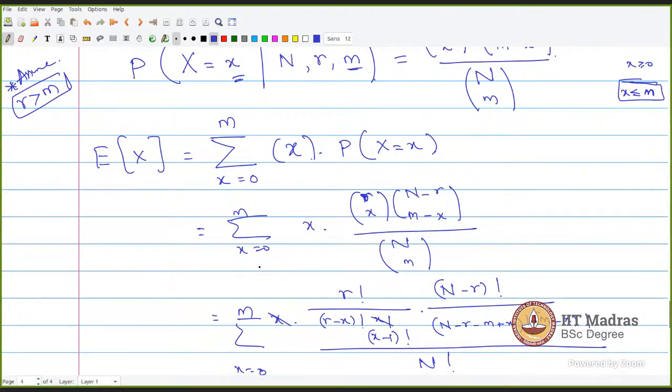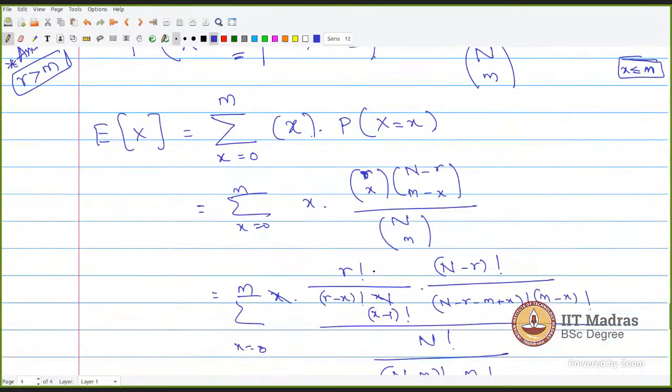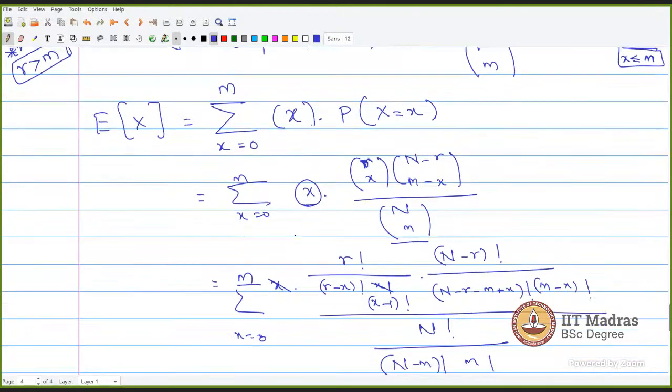Okay, what we will do is, when x is equal to 0, this will be 0, right? Product. So when x is 0, this will be 0, 0 times this. So the first term will be 0 because there is a product with x, and when x takes 0, this will be 0.